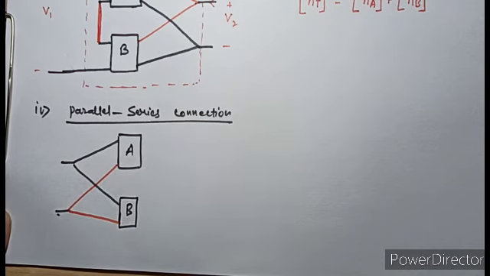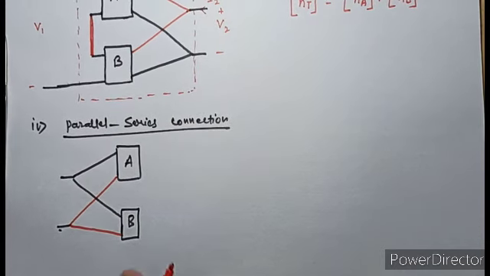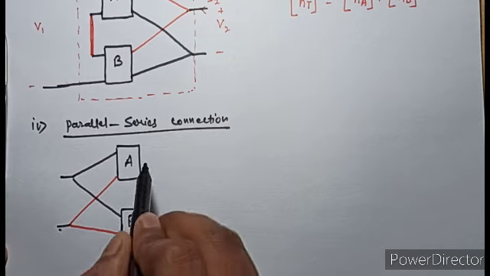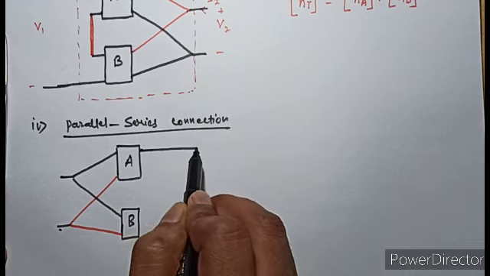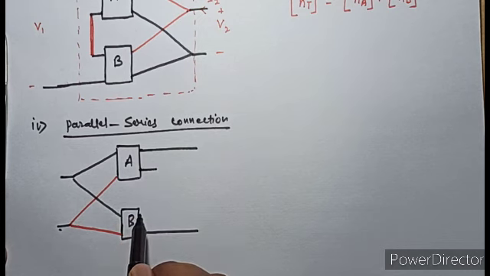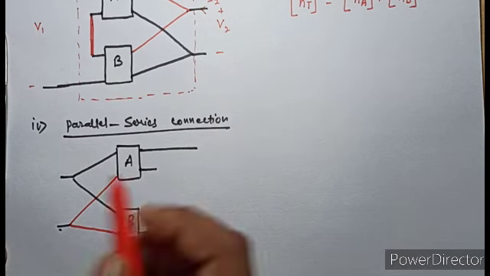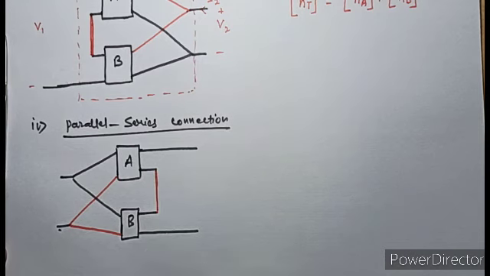By connecting so, we are ensuring that the same voltage will appear at both the networks. And in the output port, we have to connect in series. And to connect in series, we have to make the currents the same, right?